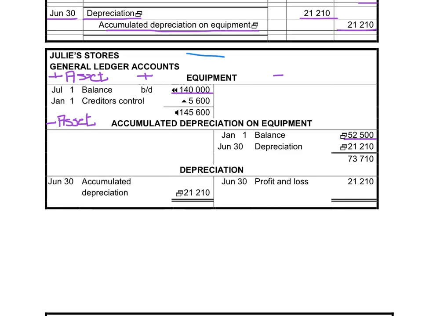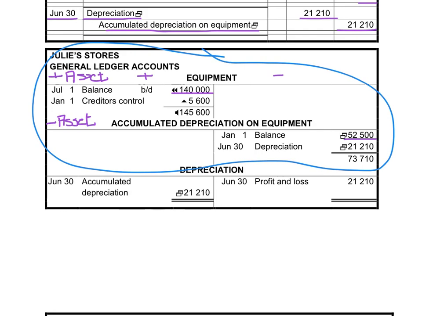Equipment and the accumulated depreciation is actually one account. This is the debit side when we buy assets, and to reduce the value of assets, we will credit the accumulated depreciation account on the credit side.